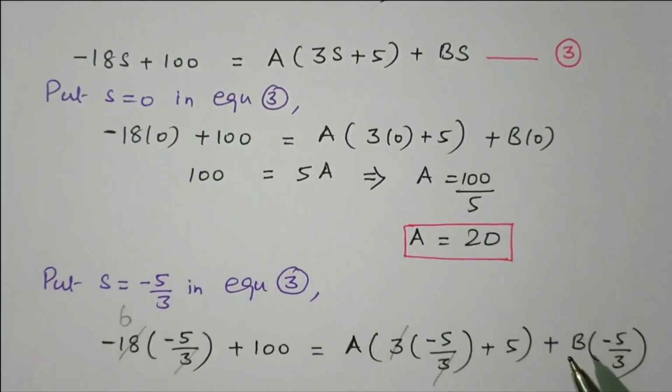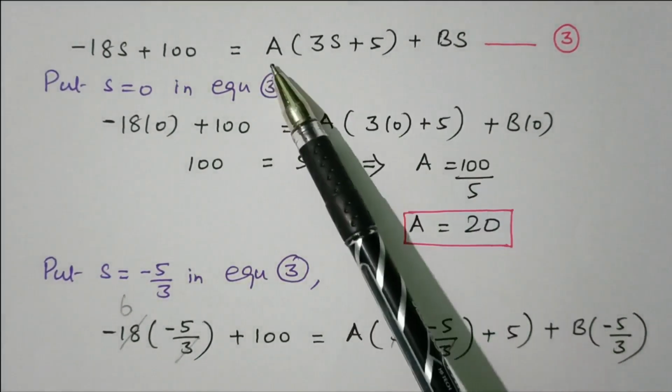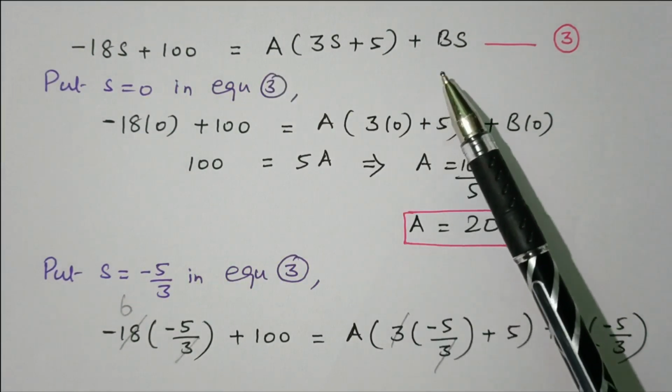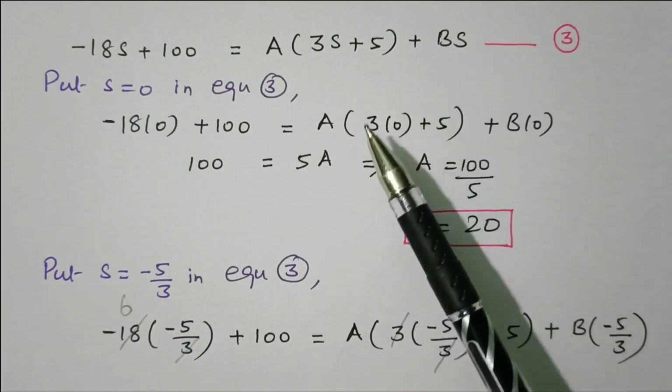Now our aim is to find the values of A and B, which can be substituted in equation 2, so that we can go for the inverse Laplace. How to find the values of A and B is very simple.